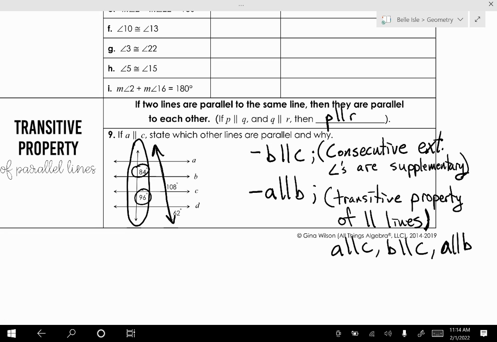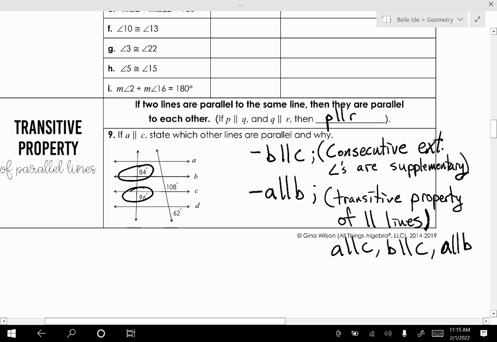I'm talking about number 9, the one that we said we were confused on. So you just want to make sure that you're looking at the correct transversal. 84 and 96 are consecutive exteriors. 84 is on B, 96 is on C. So we know that B and C are then parallel because we talked about that up at the top.